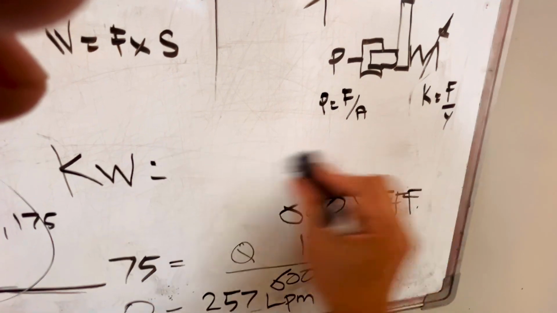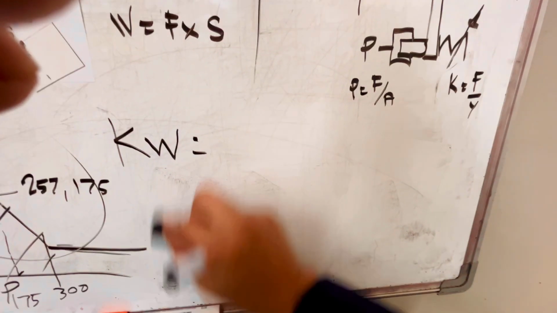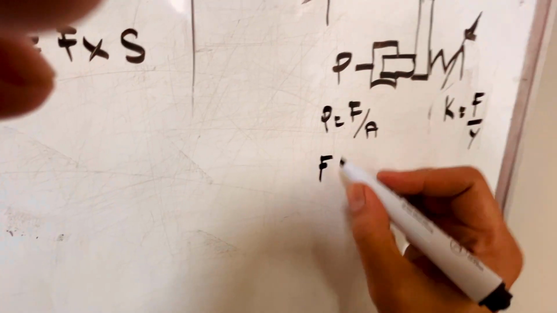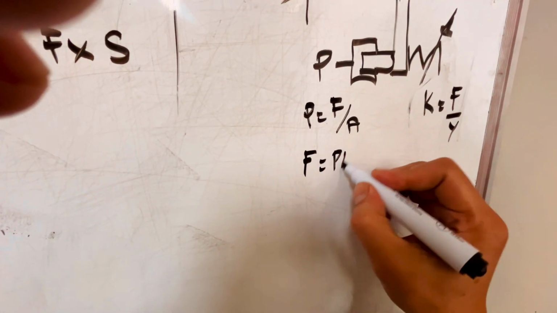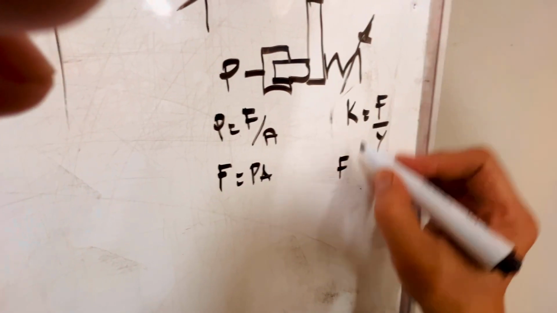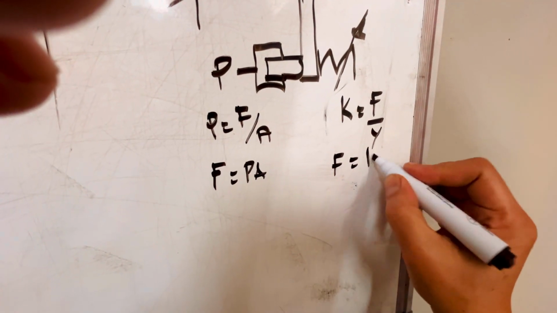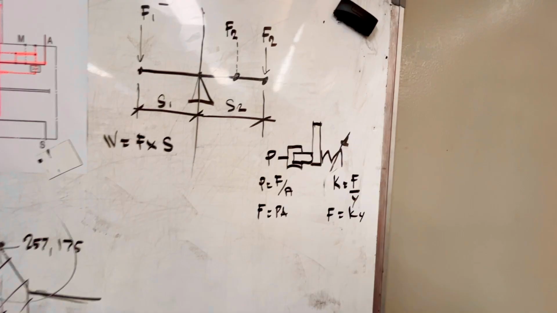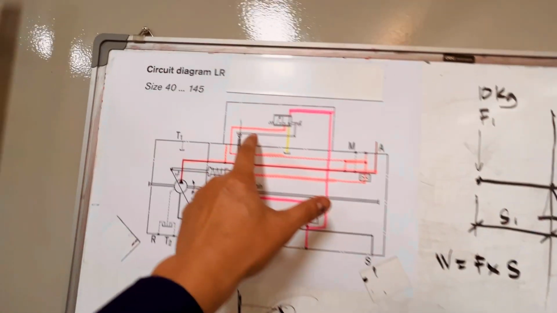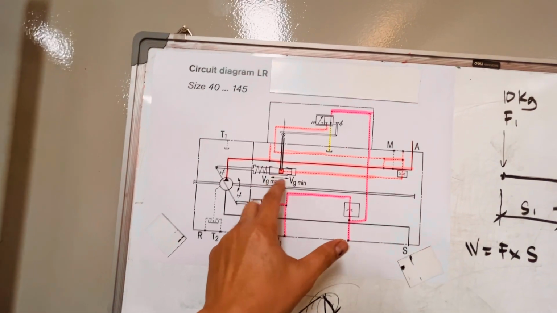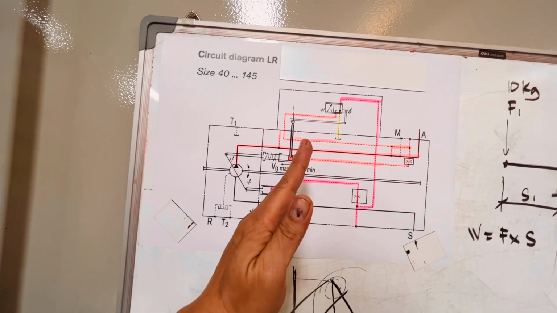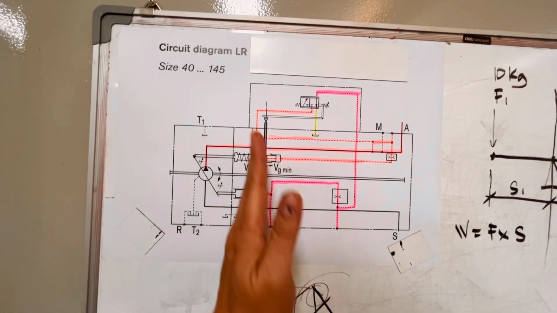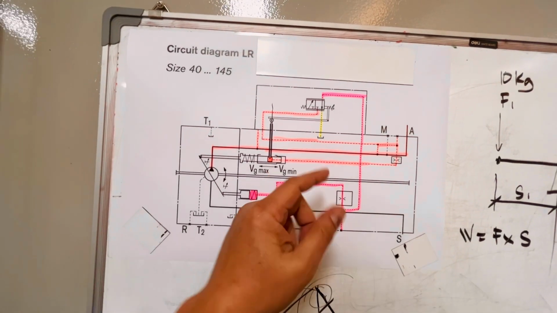Let's erase this. Force of the pressure, PA. Here, force of the spring, KY. So now it's balanced. The movement of the displacement of the pump gives you 257 liters per minute, and then balance, so it won't stall.